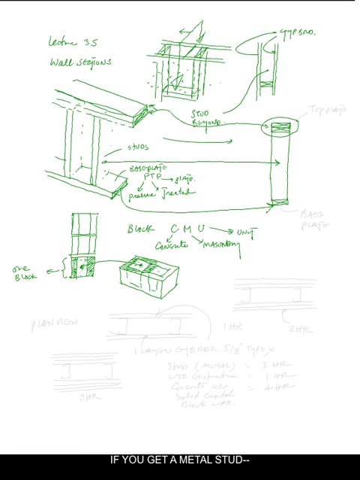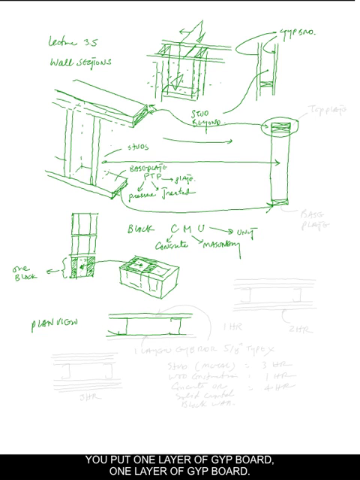If you get a metal stud, and I'm looking at this in the plan view, here's a metal stud, here's another metal stud. You put one layer of chipboard, one layer of chipboard.